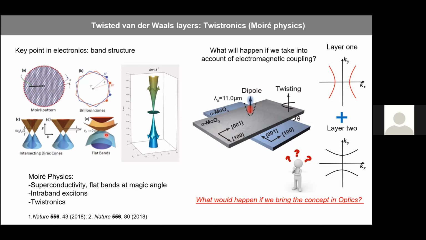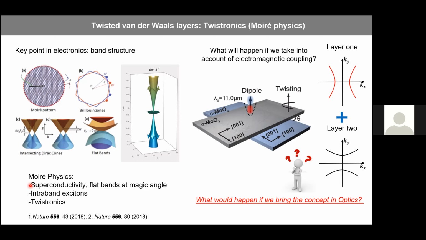And then they found a lot of interesting phenomena like superconductivity and so on. So we were quite inspired by this work because we were thinking, what will happen if we bring this concept of the twist into our optic realm? So please remember, we could not do this before molybdenum trioxide, because you can imagine in an in-plane isotropic medium, we always have two circles as the isofrequency curve.